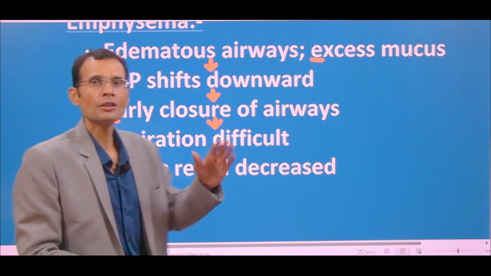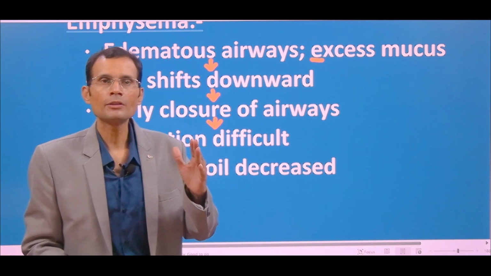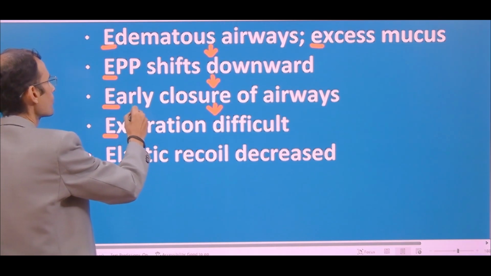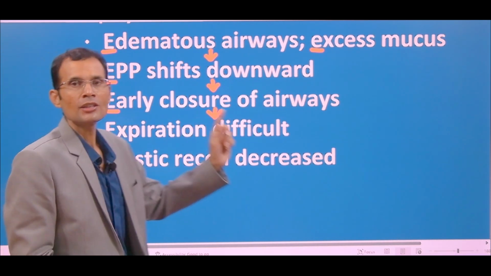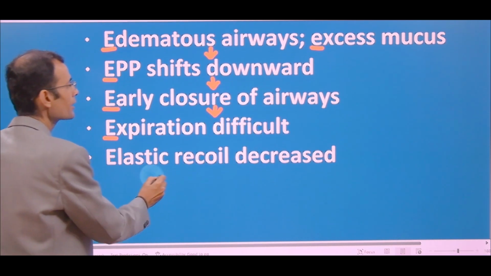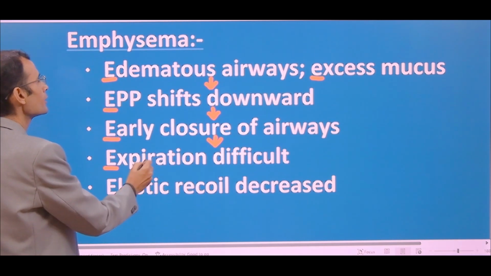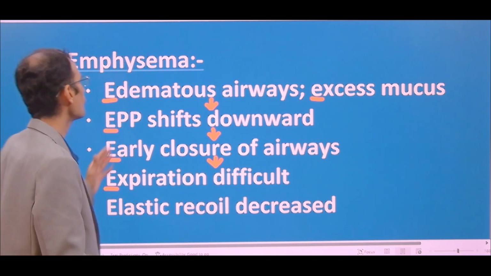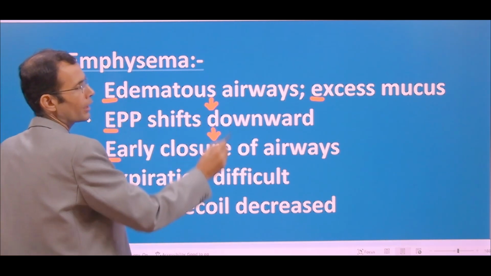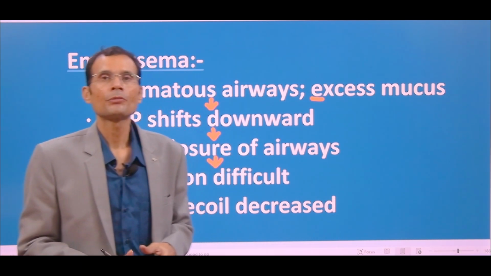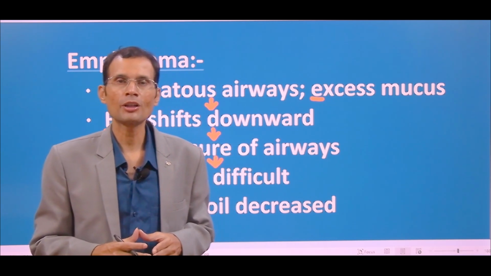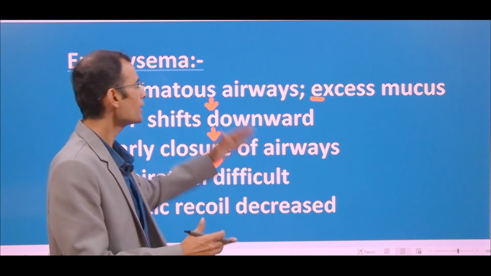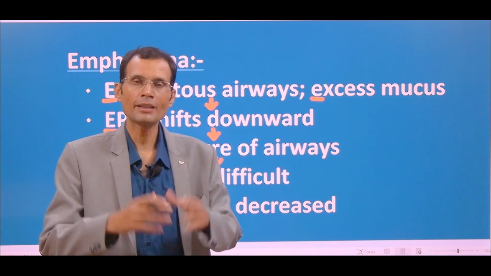EPP shifts downward, we saw that, so therefore it results in early closure of the airways, so expiration is difficult, and elastic recoil is decreased. So 6 E's, and you remember the entire pathophysiology of emphysema. That's in short the pathophysiology, disease progression seen in emphysema, and just remember these 6 E's, you will remember the entire process.